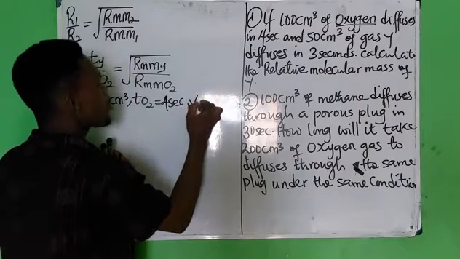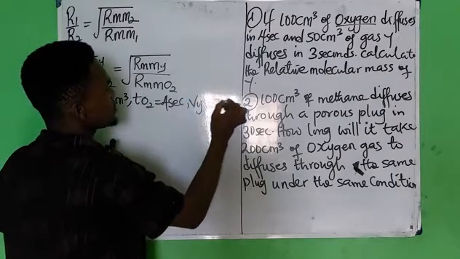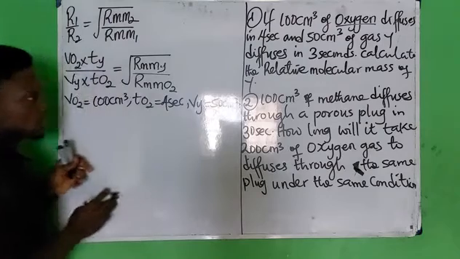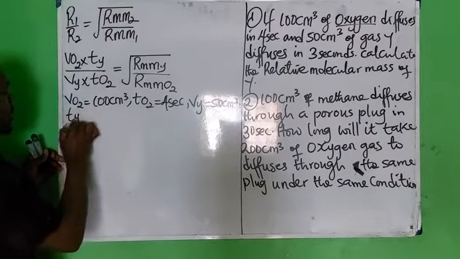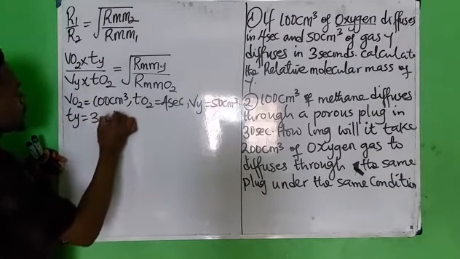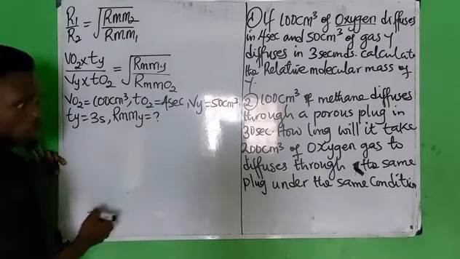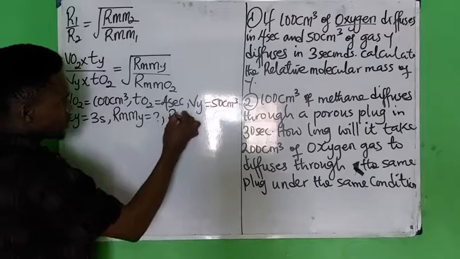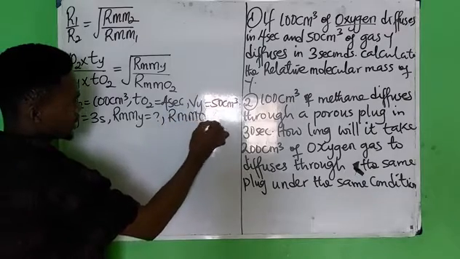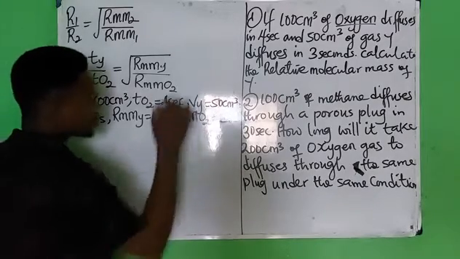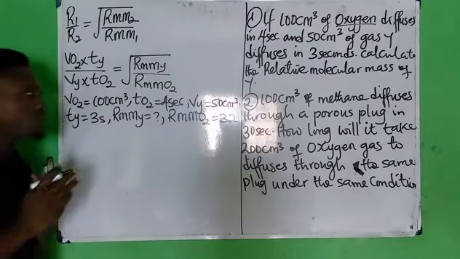The volume of Y is 50 cm cube. Is that not correct? Then time of Y is 3 sec. Relative molecular mass of Y is what we are looking for. The relative molecular mass of oxygen definitely is what? 32.